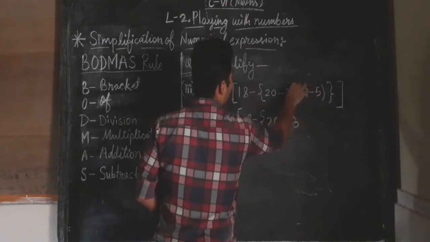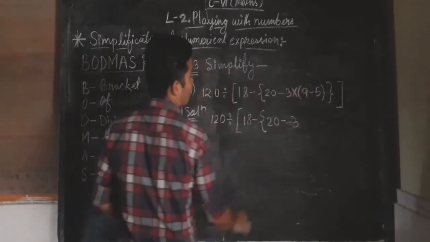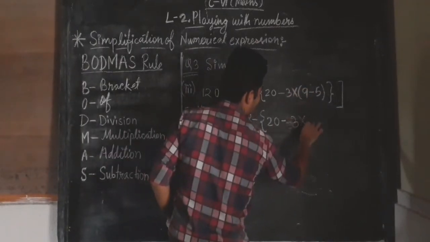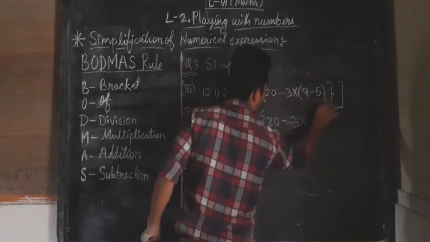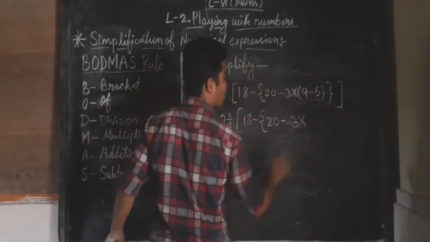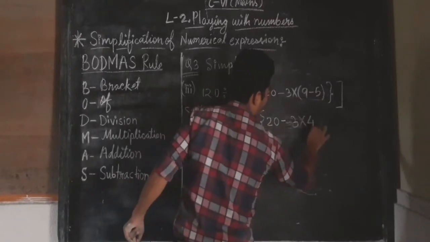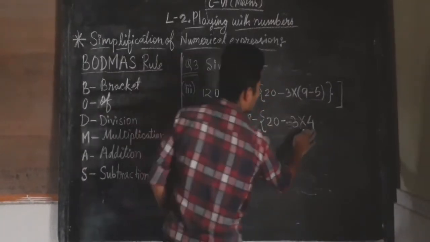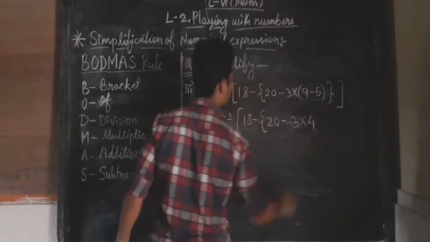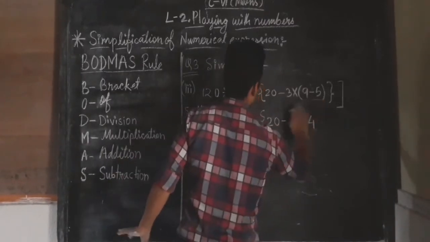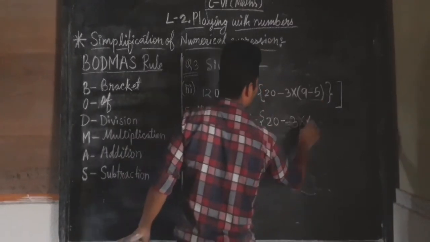Here I put the multiplication symbol. Now I will go for this calculation to open the bracket. 9 minus 5 will be 4, and this bracket we will remove after this calculation.